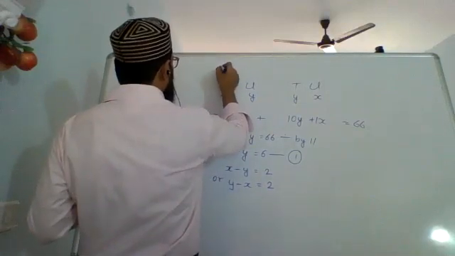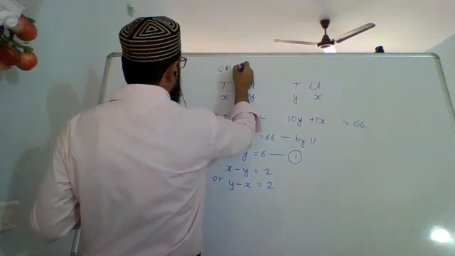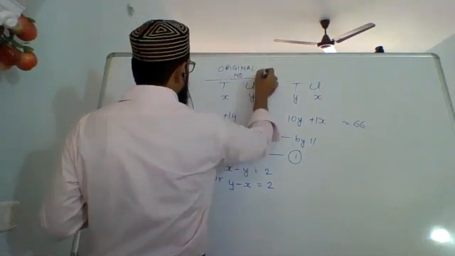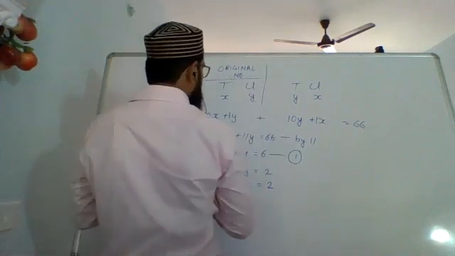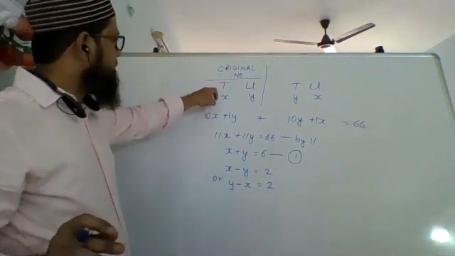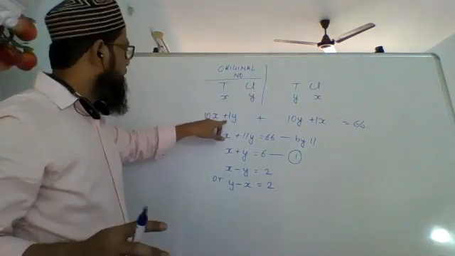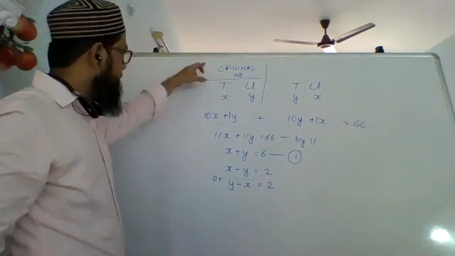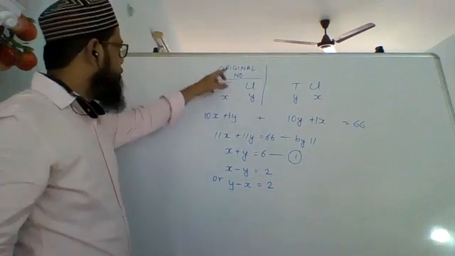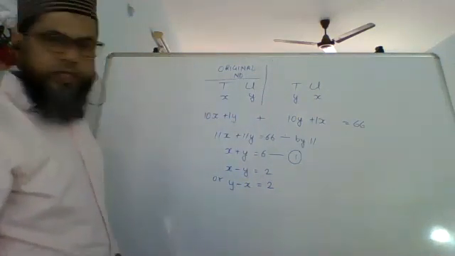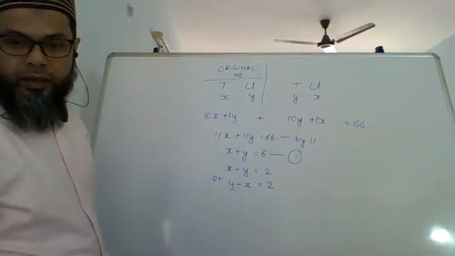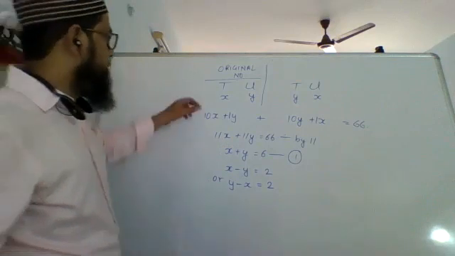Therefore, the original number is 10x plus 1y. Write this down like this, up till here, not the plus and all those things. Tens and units place, you'll write x and y, that is 10x plus 1y. That is the original number.